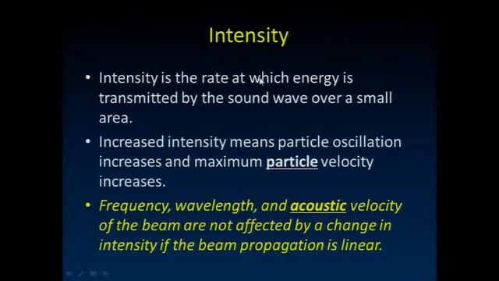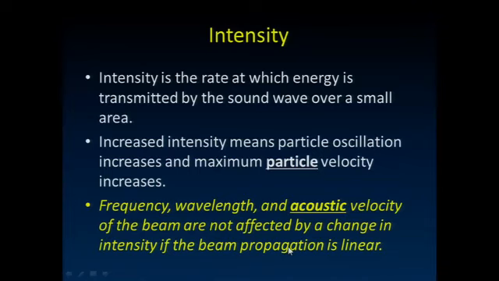So the intensity of the sound beam is the rate at which the energy is transmitted by the sound over some small unit of area, right? Increased intensity means that the particle oscillations increase and those maximum particle velocities are also increased. So frequency, wavelength, and acoustic velocity of the beam are not affected by a change in intensity of the beam if the beam propagation is linear.